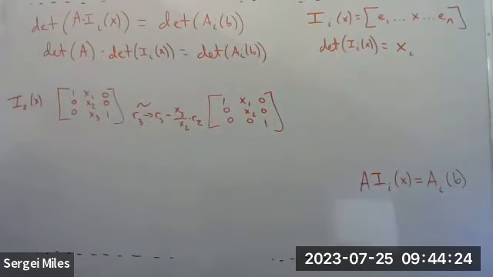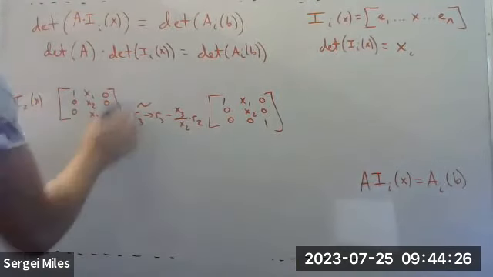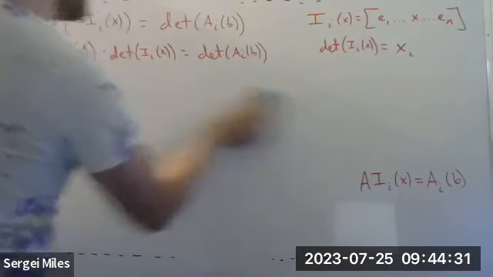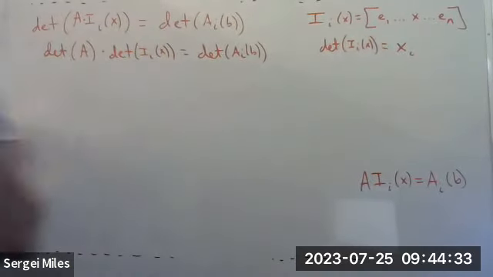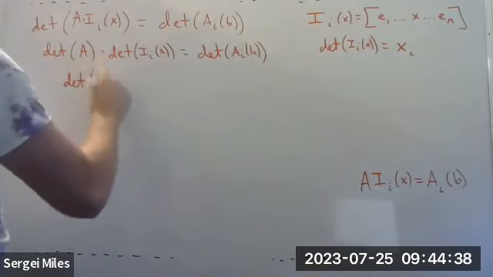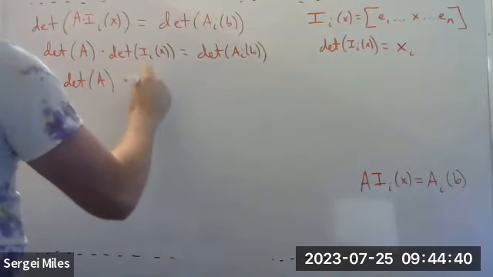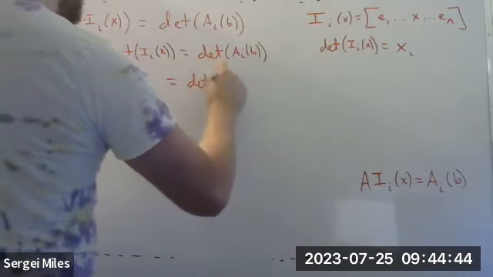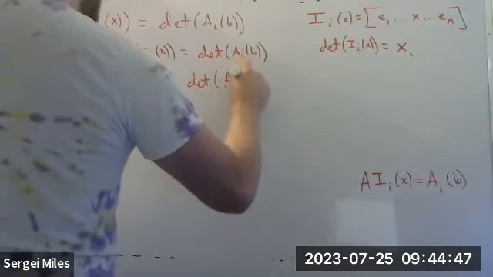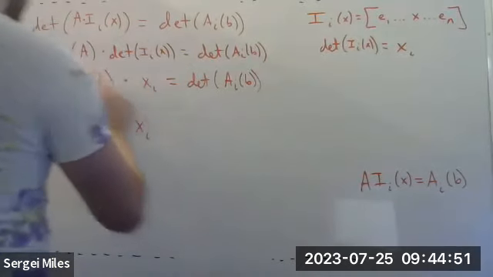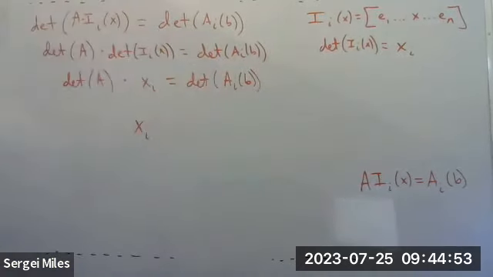Okay, great. Now we're getting somewhere. This is where the magic happens. Because of this, what do we have? Well, now I have that the determinant of A times the ith entry of x equals the determinant of A_i of B. In other words, if I divide the determinant over, which I can do, determinants are just real numbers. You can divide real numbers, right?